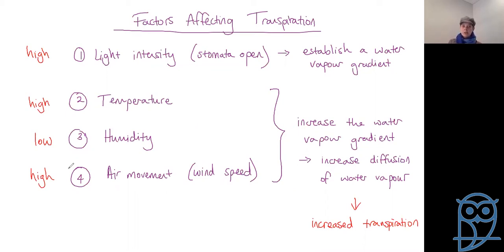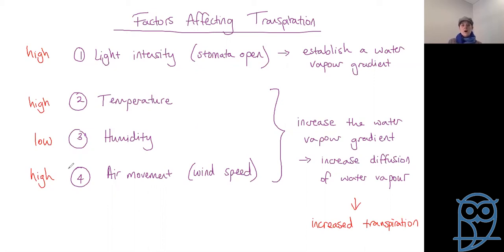When you have a high temperature, more kinetic energy, more movement, increased transpiration. When you have low humidity, dry air, bigger difference between inside and outside, bigger gradient there, increased diffusion, increased transpiration. And then the last one, high air movement, so high wind speed, blow that water vapor away from the outside of the leaf, then we're going to increase transpiration.